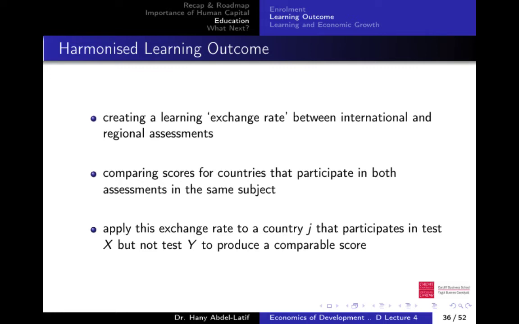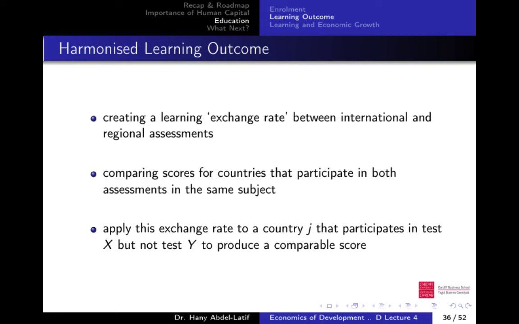Then if students in one country took one assessment but the other country didn't, they can use the exchange rate to adjust the results in the other country to find out the score if they had participated. If you look at the calculation or the math itself, it's very straightforward. There are a few equations in that paper which are easy to understand. This is the main idea, I think.